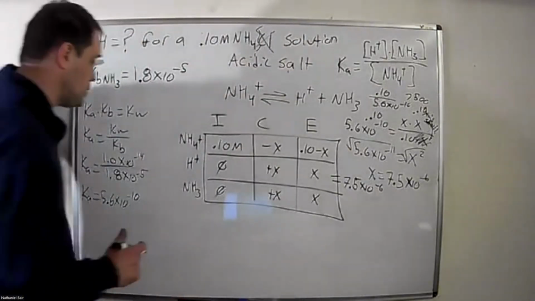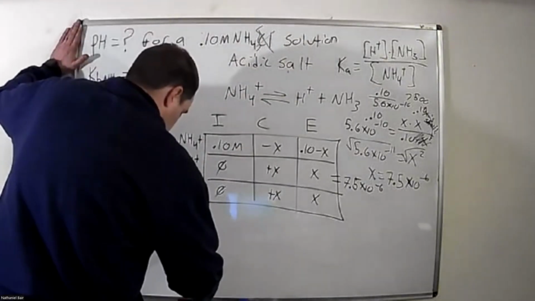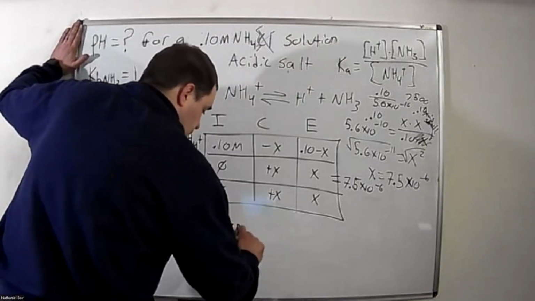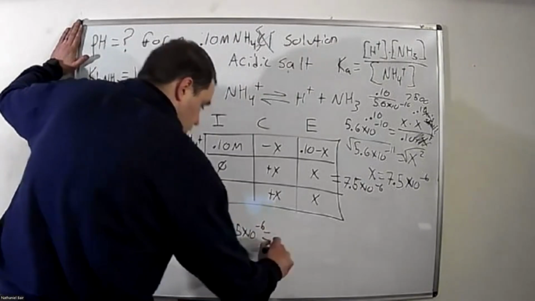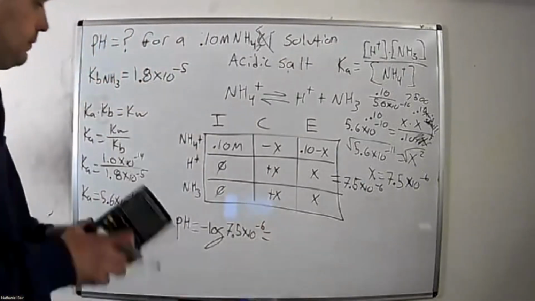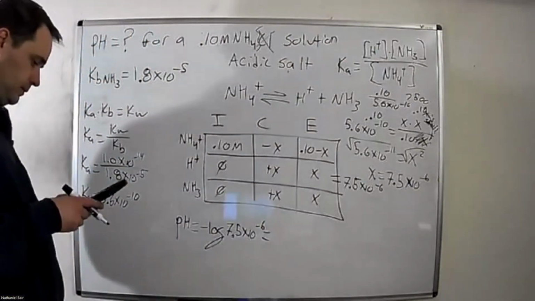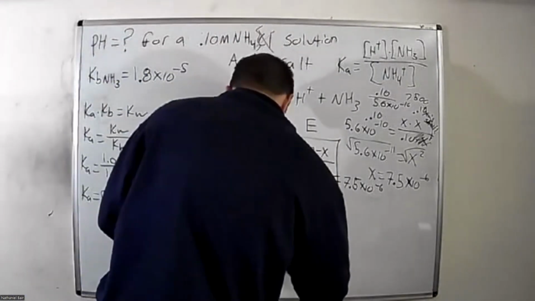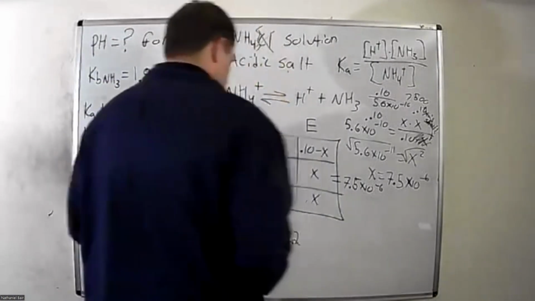I wanted the pH. So pH equals negative log of 7.5 times 10 to the negative 6th, and that's going to be 5.12.